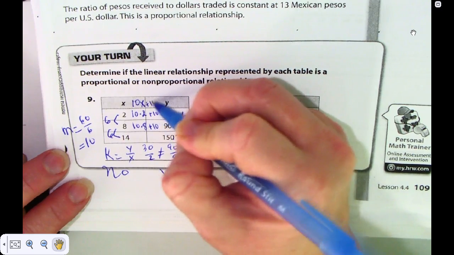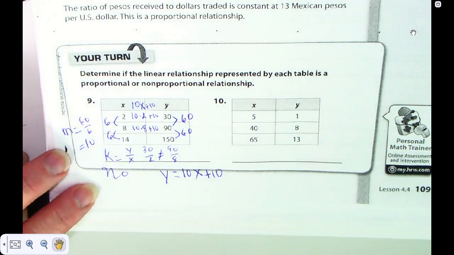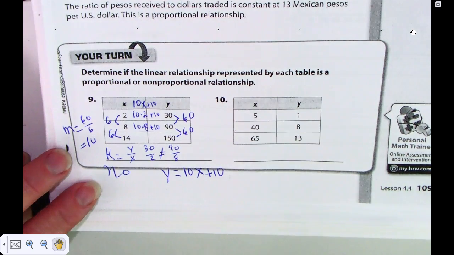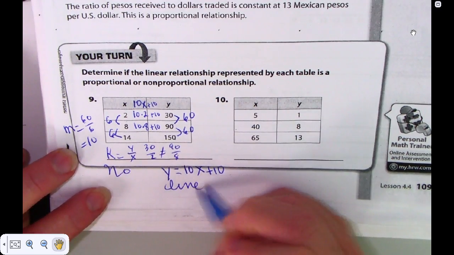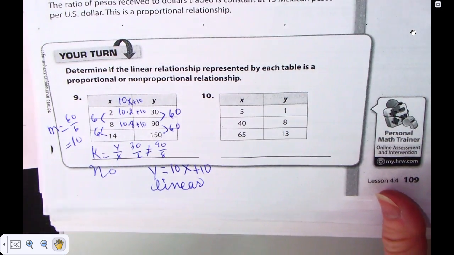Oh, it works, doesn't it? So 10x plus 10. The slope is 10 and the y-intercept is 10. It's not proportional, but it's linear. So it is a straight line. It just doesn't go through the origin.